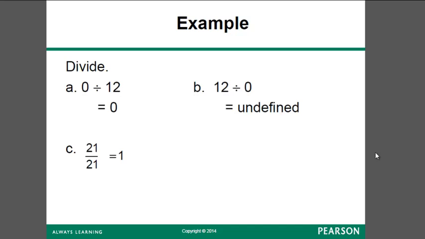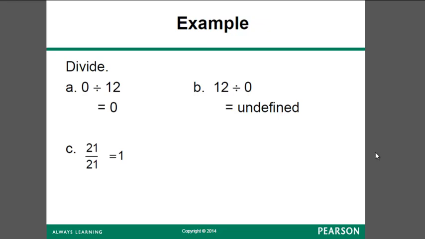On the other hand, if I have $12 left over when I die, how much does each person get? I can't do it if I don't have anybody to leave it to. Somebody either gets all of it or none of it. I cannot divide it by 0. There has to be a place for it to go. That is why it's considered undefined.